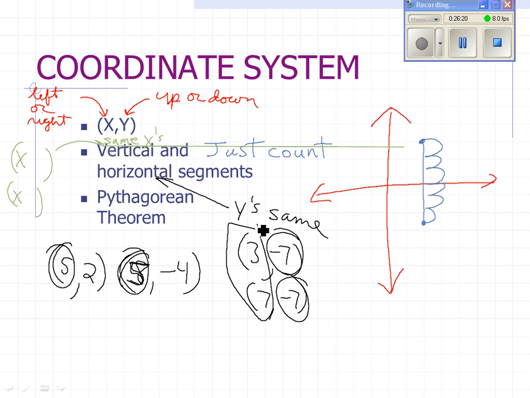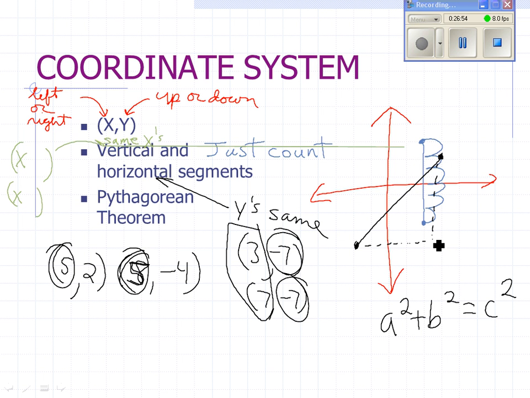Now, the reason I put Pythagorean's theorem up here, and again, Pythagorean's theorem is a squared plus b squared equals c squared, we're not actually going to use it right now. But all Pythagorean's theorem is, when you have a diagonal segment going across and you can't just count to find the length of it, what somebody figured out a long time ago is you could draw in these two sides, like slope almost.